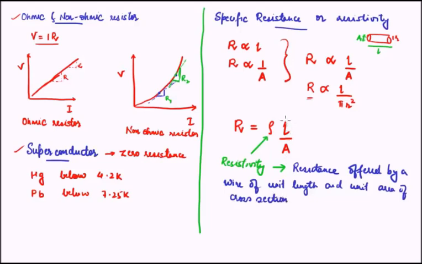If we replace L as 1 and A as 1, then R becomes exactly equal to rho. Therefore resistance is equal to resistivity for unit length wire of cross sectional area 1.